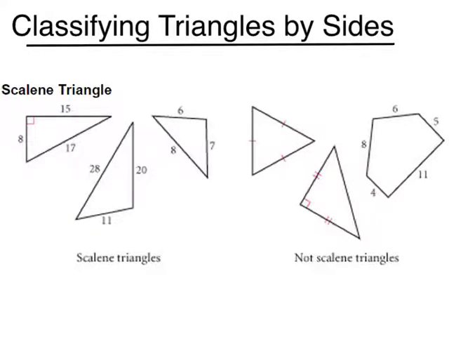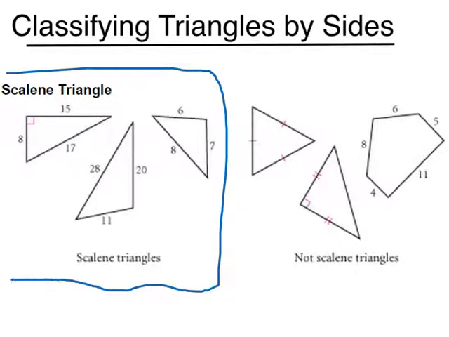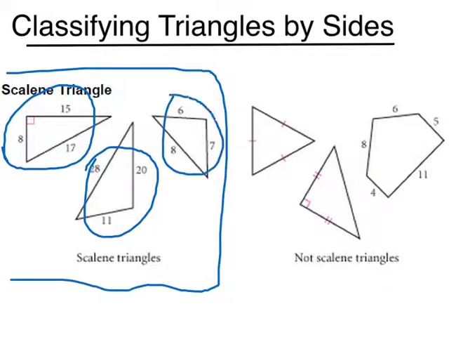Okay, the third way to classify triangles by sides is a scalene triangle. This is when none of the sides are congruent. None of the sides are equal to each other. If you notice, these are all different numbers. That's called a scalene triangle, when none of the sides are equal to each other.